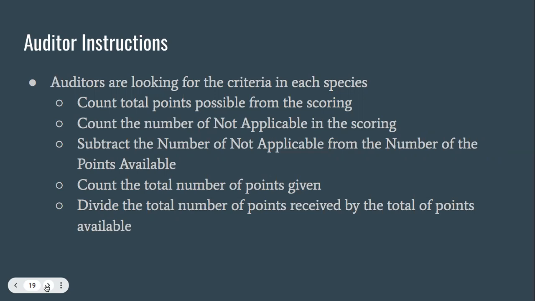So they're going to count the total points from the possible scoring of all of those. Count the number of not applicable in the scoring. Subtract the number of not applicable from the number of the points available in each of that. And then count the total number of points given. And then divide the total number of points received by the total number of points available.